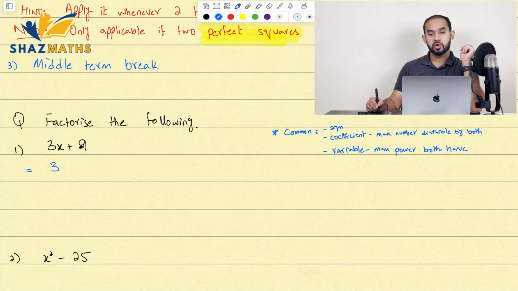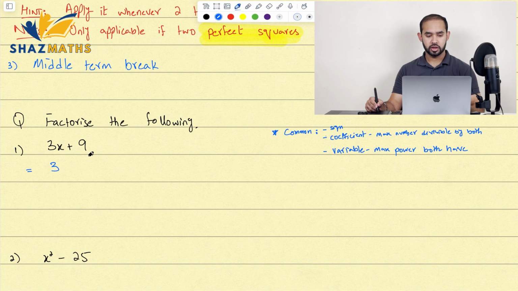With the variable, we look at the variable that both of the terms have. Secondly, we should look out for the maximum power of the variable that both of the terms have, or in case there are three terms, the maximum power of the variable that all three terms have. Let's apply this over here. I can see this term contains x, but this one does not have x.